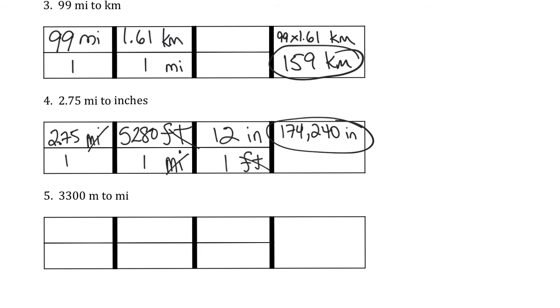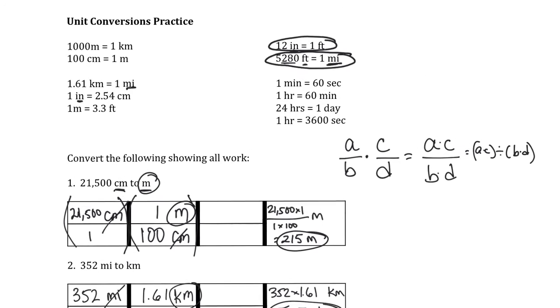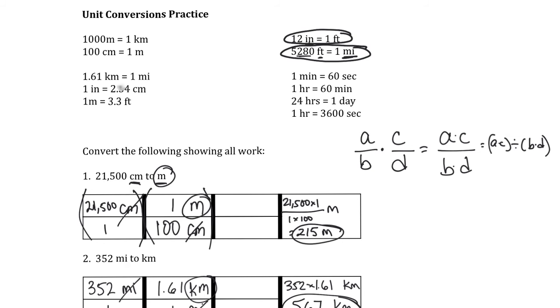All right, next we get meters to miles. Do we have something that goes straight from meters to miles? So let's get rid of this stuff. Meters to miles. There's a meter. There's a meter. Here's a mile. There's a meter. There's a mile. All right, what's our plan?